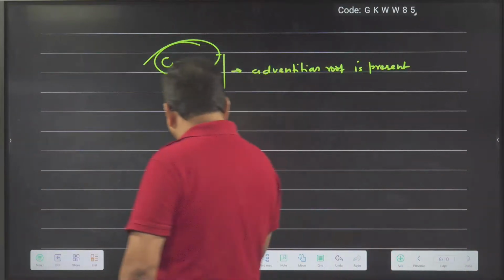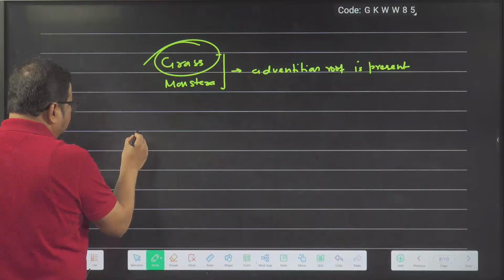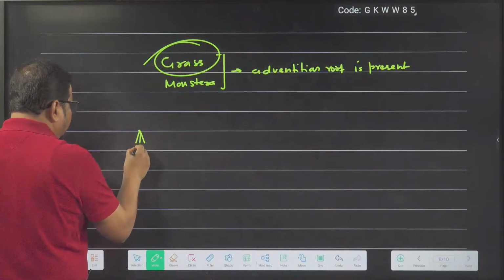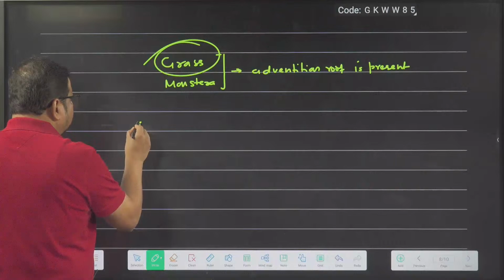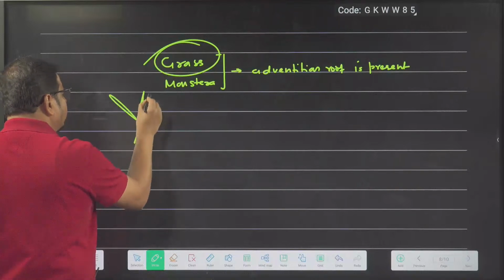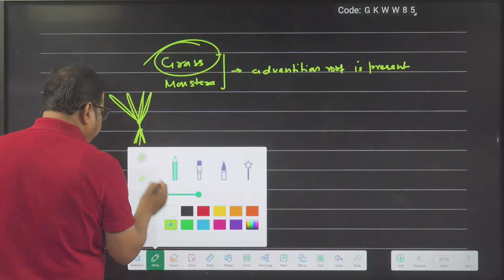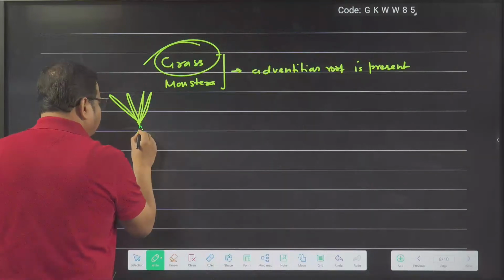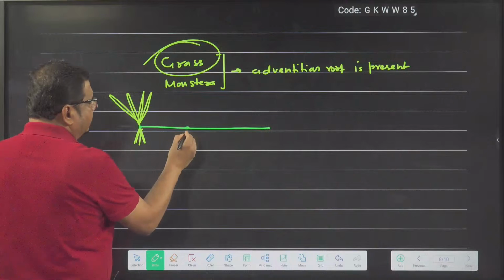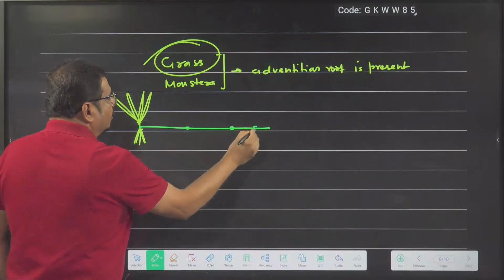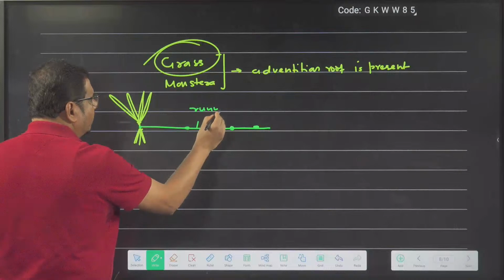So if you look at grass, suppose that I am drawing a grass here. It is fibrous root, it is a stem, and it is leaf. And here it is a node, and from the node branches are arising. And here it is another node. From every node, this is called what? Basically runner.